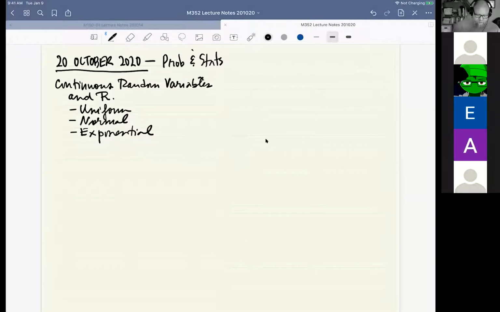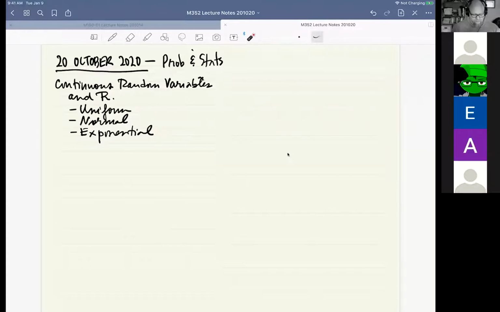So these are the three things I want to talk about today before we can make this pivot to statistics. And I think you can tell that I'm eager to make that pivot. These are three continuous random variables. I've talked about each of these briefly, except for the exponential, which I keep confusing with the Poisson, and you'll see why.